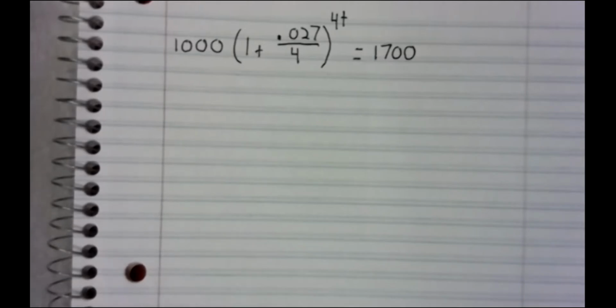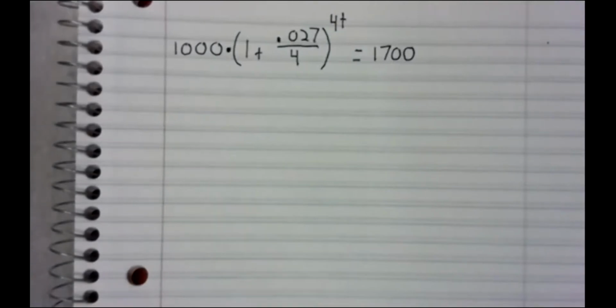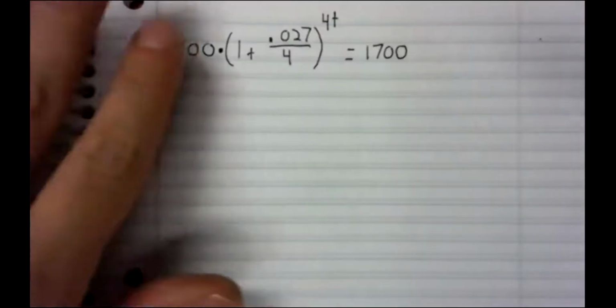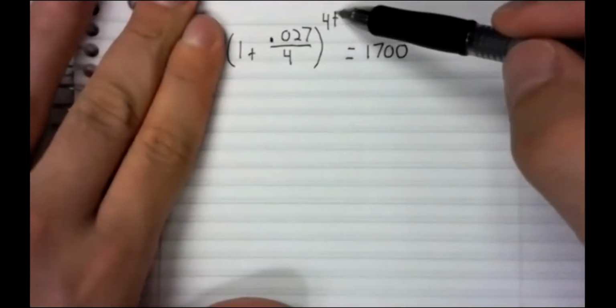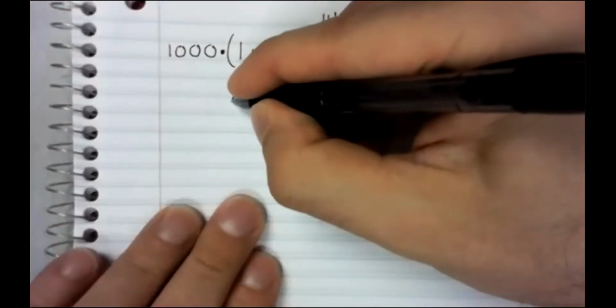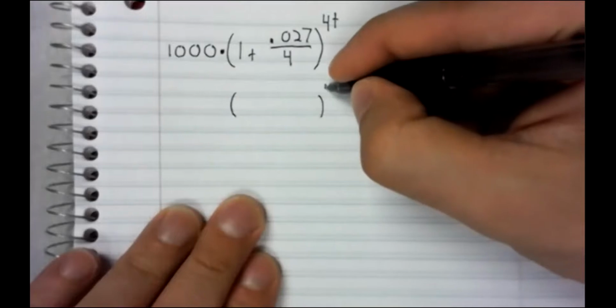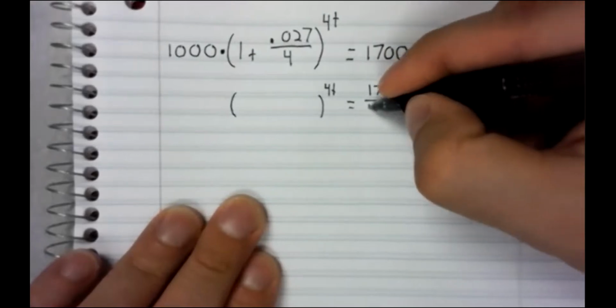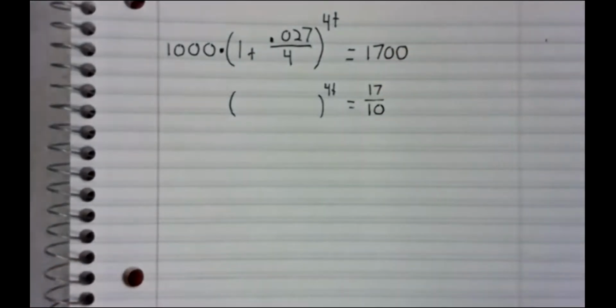Very similar to the last example, we probably don't want to take the logarithm. Well, we've got that multiplication there. We do want to take the logarithm ultimately. That's how we get time out of the exponent. But let's divide both sides by 1,000 first.